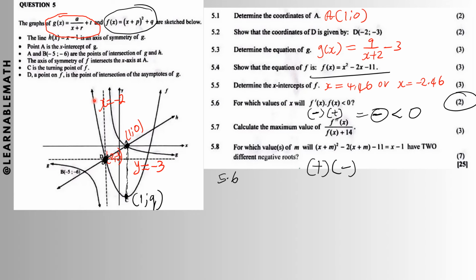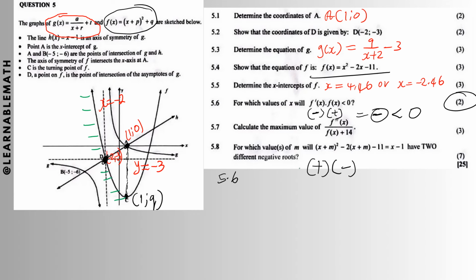So looking at the graph of f here, how do I highlight where my f prime of x is negative? It's where the graph is decreasing. So your f prime of x will be negative. As we are going down, this part is negative, so my f prime of x is negative up until we reach the turning point.